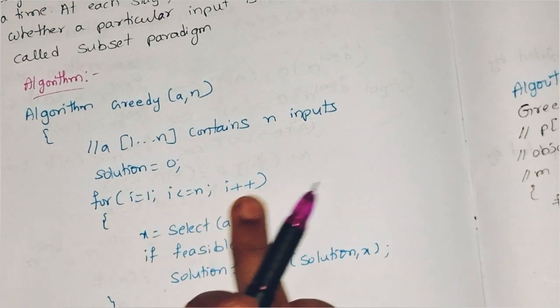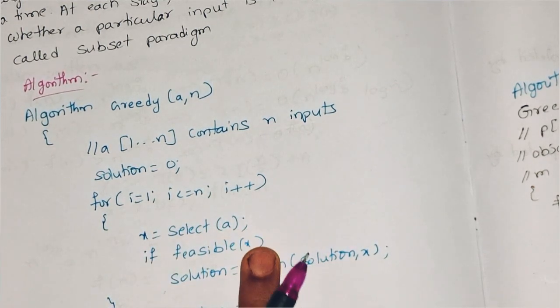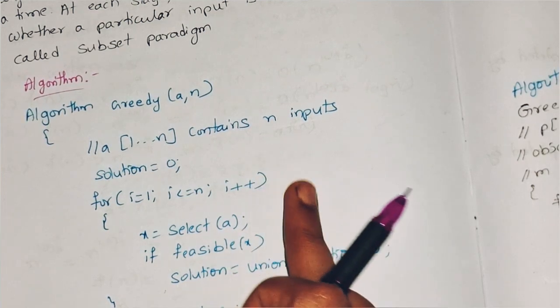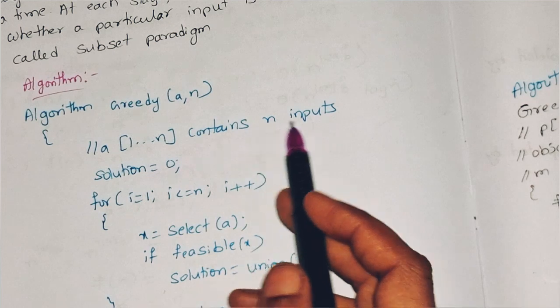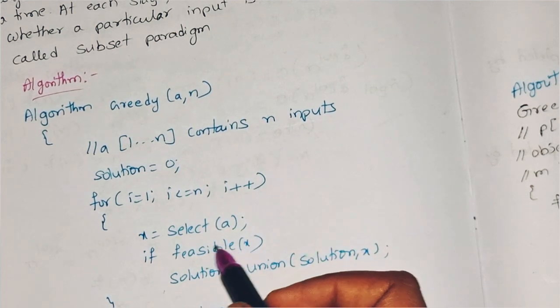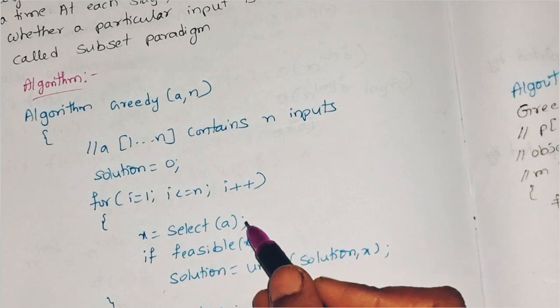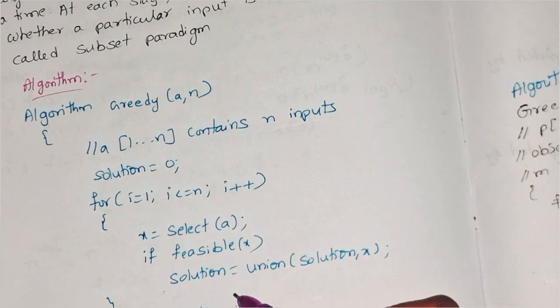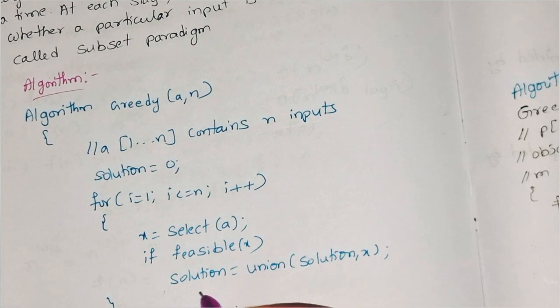For i equals 1, the loop starts. We select one input from the given set of inputs, and we need to check whether that particular input is feasible or not, that means whether it satisfies the condition or not.